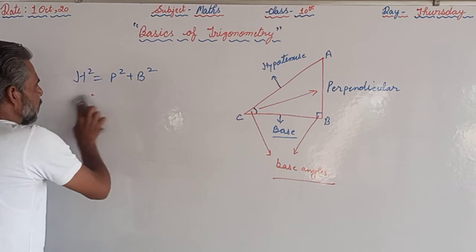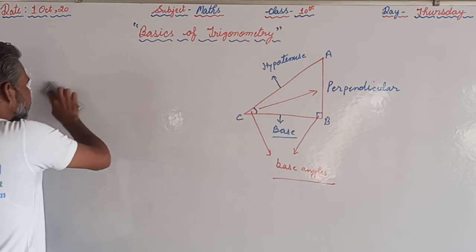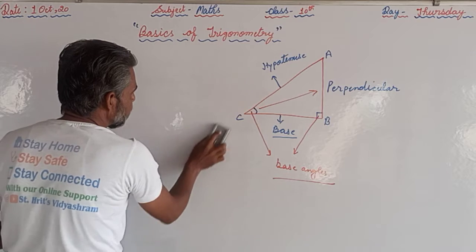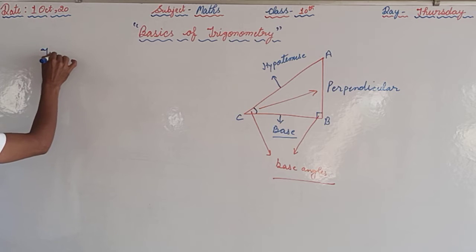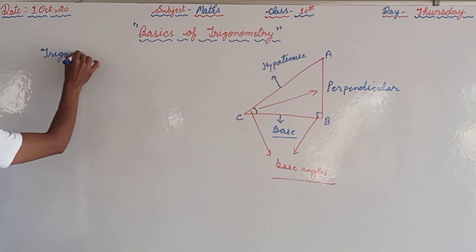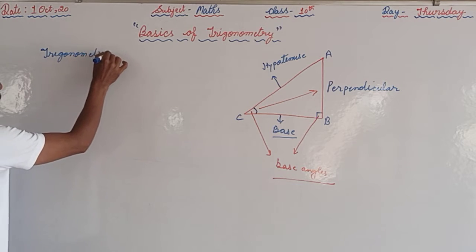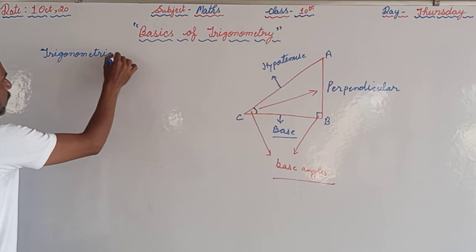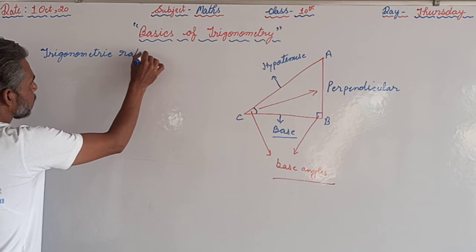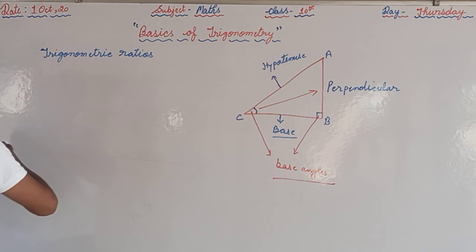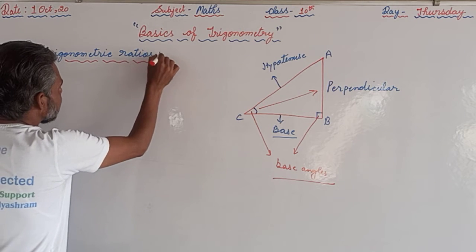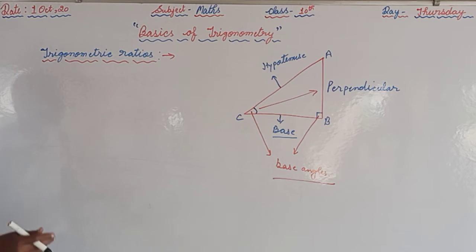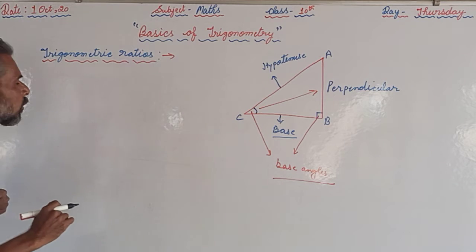Now in this chapter we will see some new terms, the trigonometric ratios. As the name suggests, it is a ratio. Ratio means we are supposed to compare two quantities.